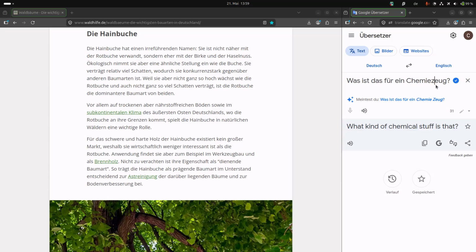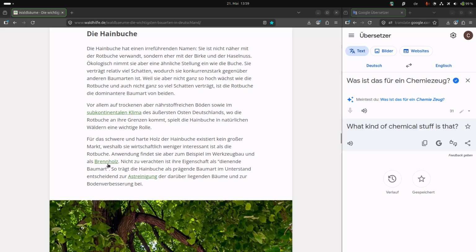So Werkzeugbau, this is what I was trying to say, because Werkzeug means the stuff you use to build something, to get to this work. So you could say work, stuff, building: the building of the stuff you work with, basically.